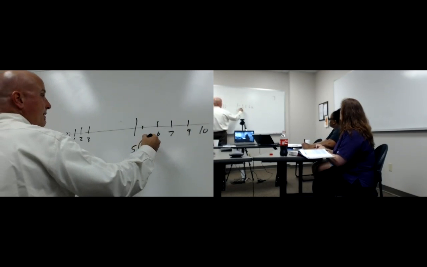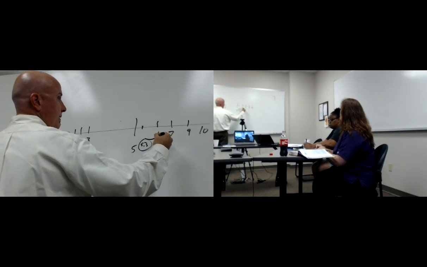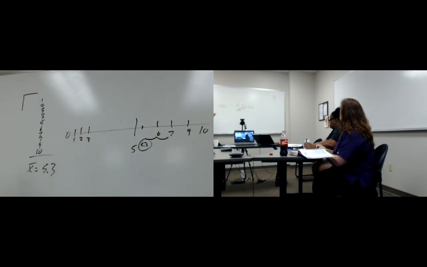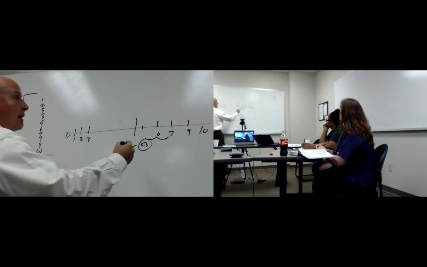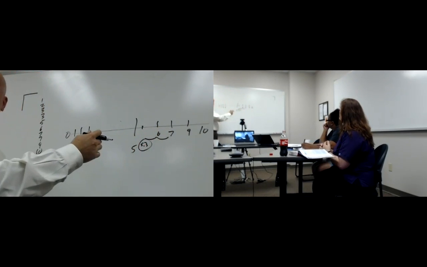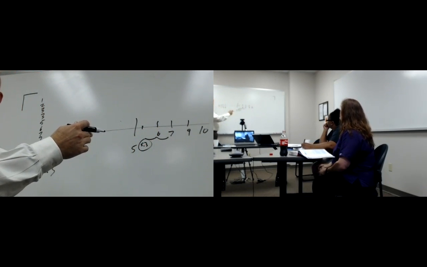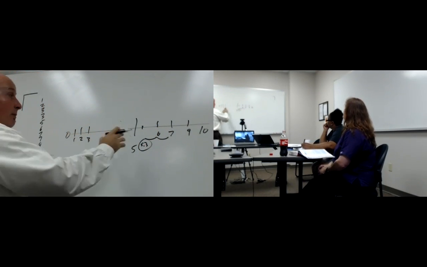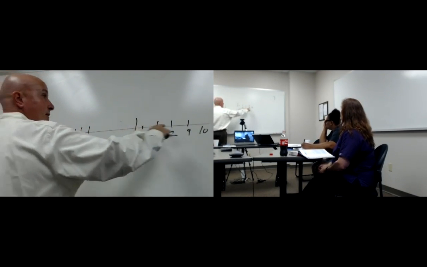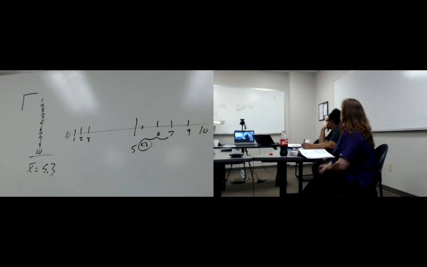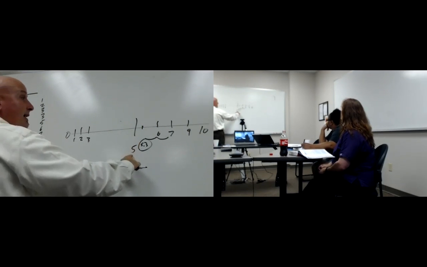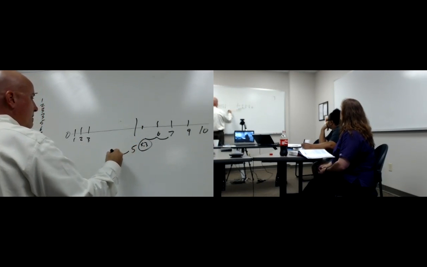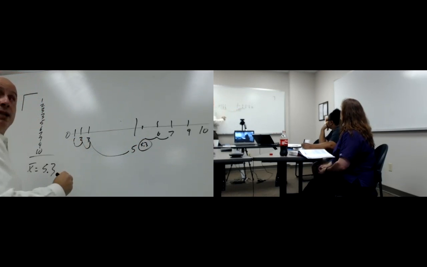But I want to quantify how much dispersion I should expect off of this mean. Remember, the range is only going to be concerned with 0 to 10. But here I want to study how far I have data surrounding the mean.